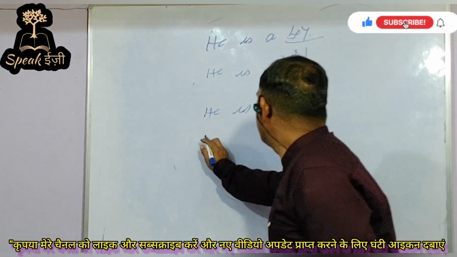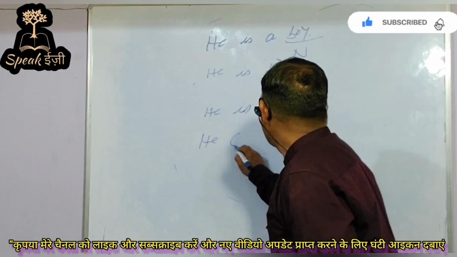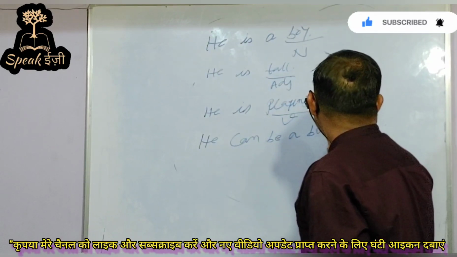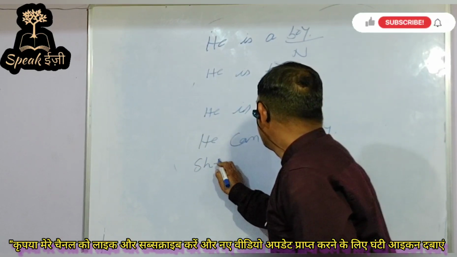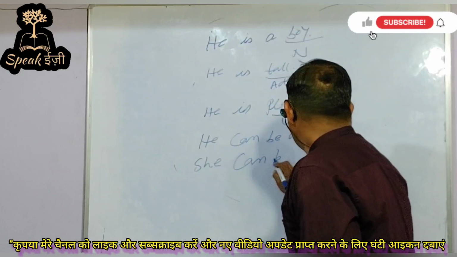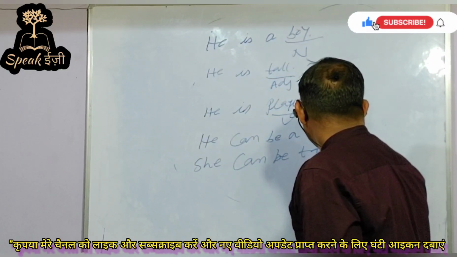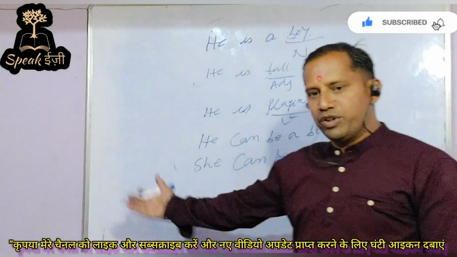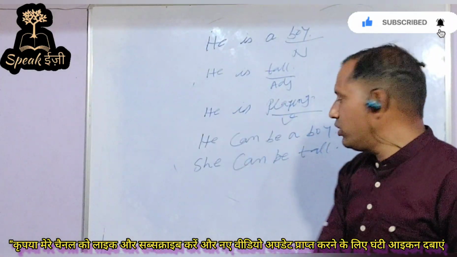Or let me take some examples of the modal. He can be a boy. He can be tall. Or she can be tall. Sorry, it has been written she. She can be tall. No issue. He or she will not bother at all.